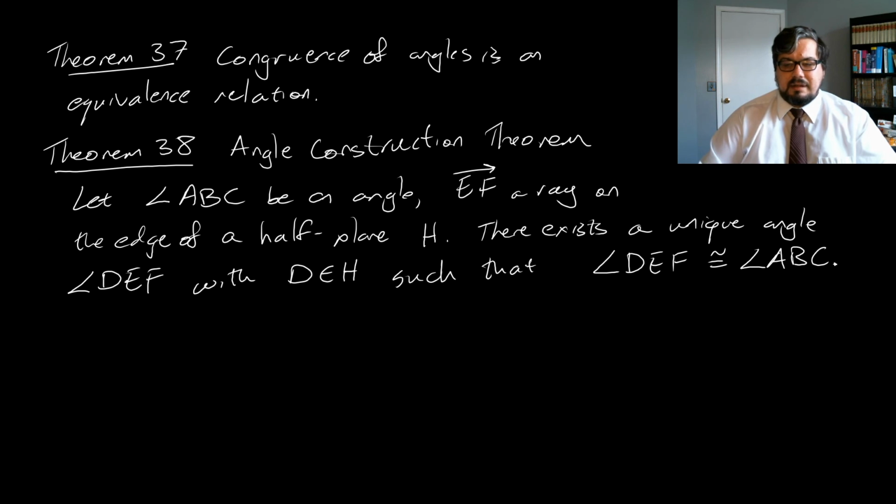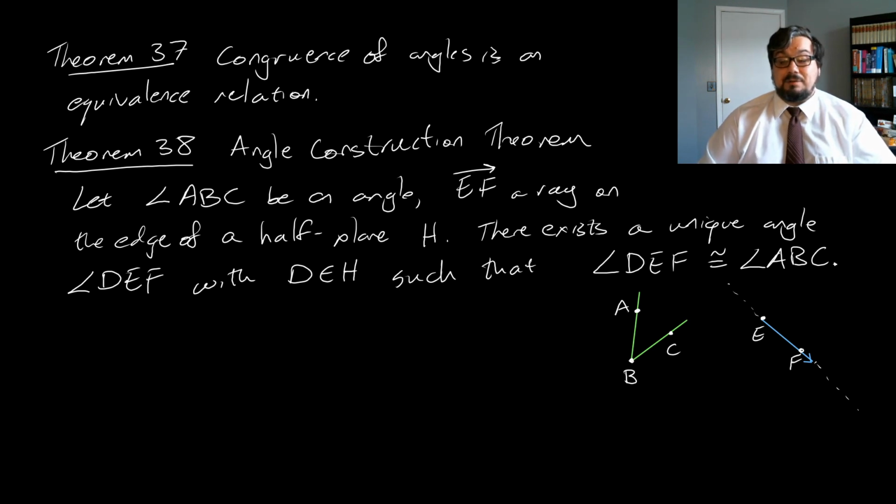So let's sketch out what the situation is here. We've got some angle that we're starting with and some ray. Let me give these labels. So we've got the angle ABC that we're starting with, and then we've got a ray EF, and then we need to specify the half plane that we're working with.